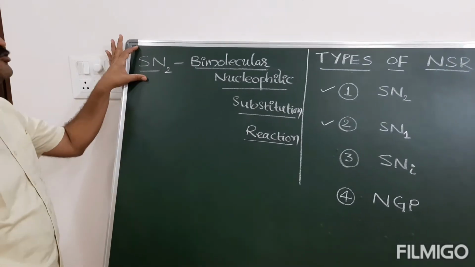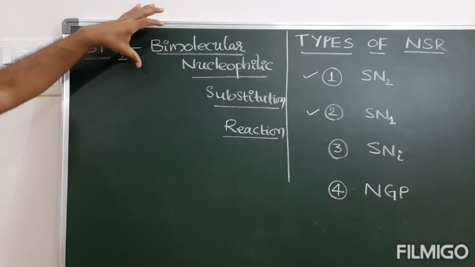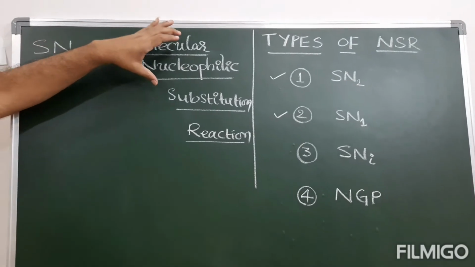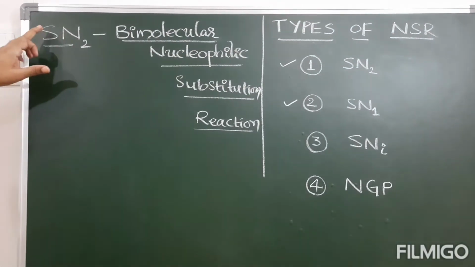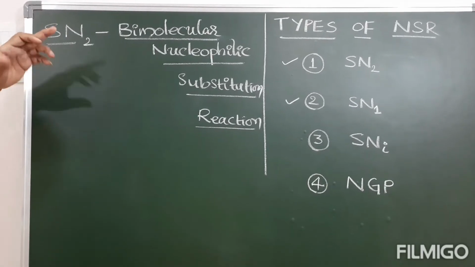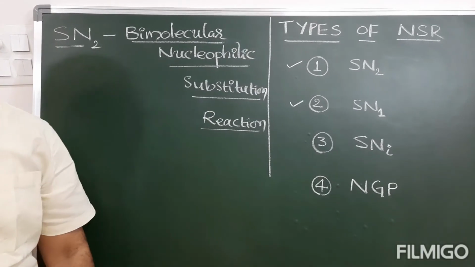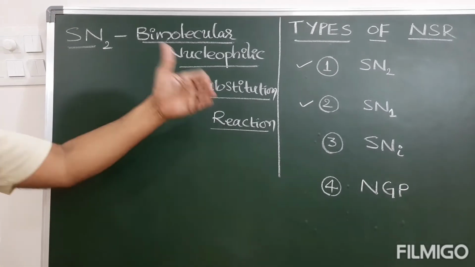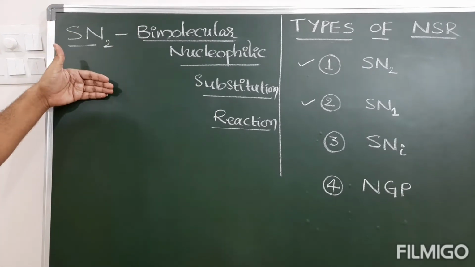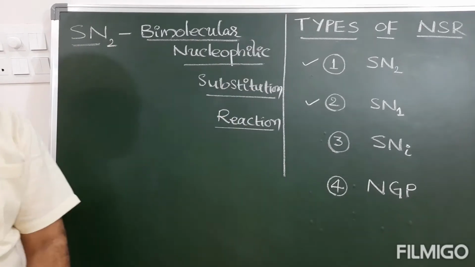What is an SN2 reaction? SN2 means bimolecular nucleophilic substitution reaction. Which nucleophilic substitutions can be categorized as SN2, or what is the mechanism involved in SN2? Now we are going to discuss.